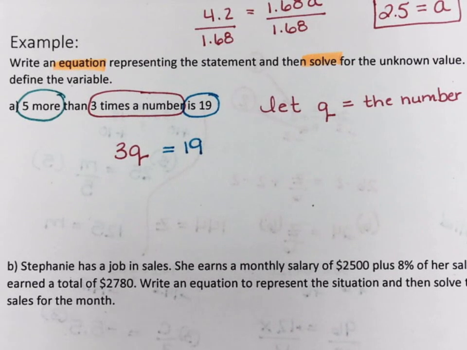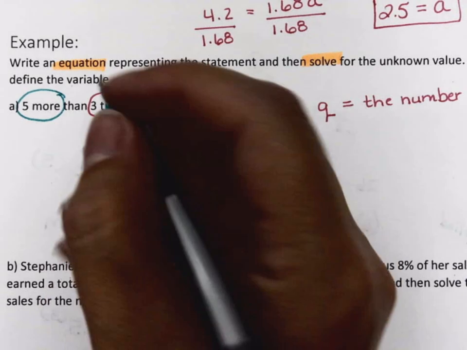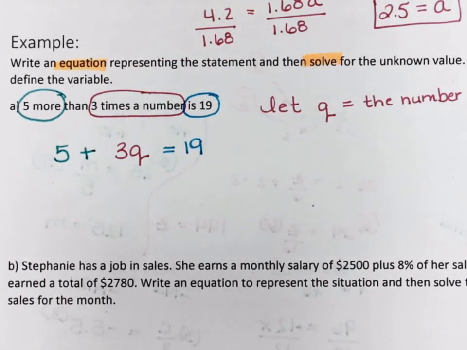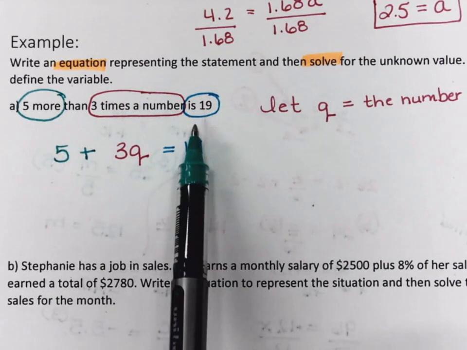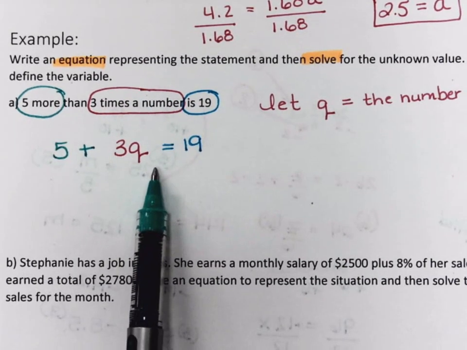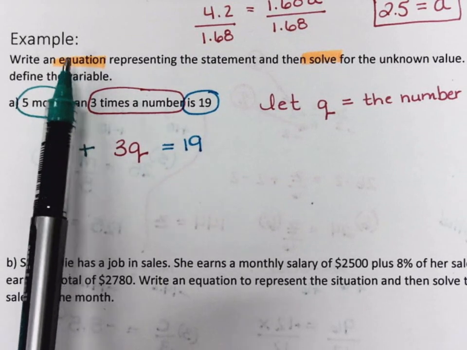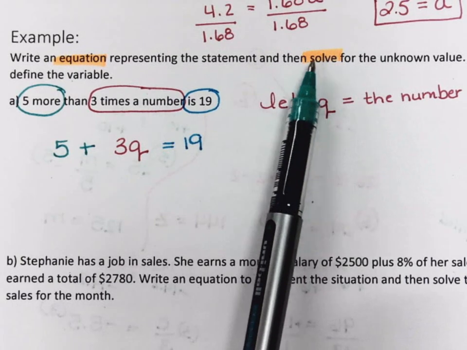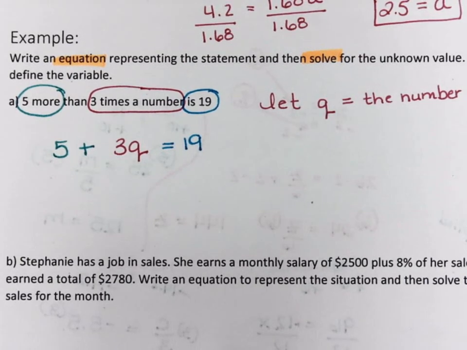You have 45. What math did you do? You added. So we're going to say we have 5 more. So we've made that into a sentence now. We've made the sentence into an equation. So I've done the first part. I've created the equation, so I get the marks for that. Now I've got to move on to the solve part.